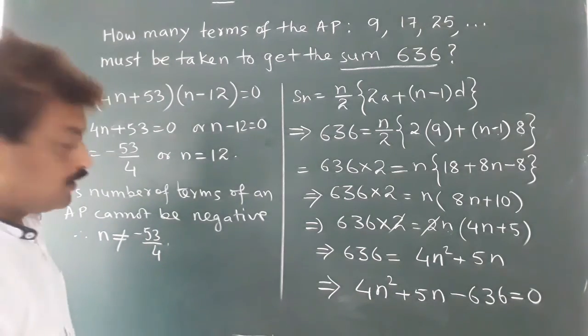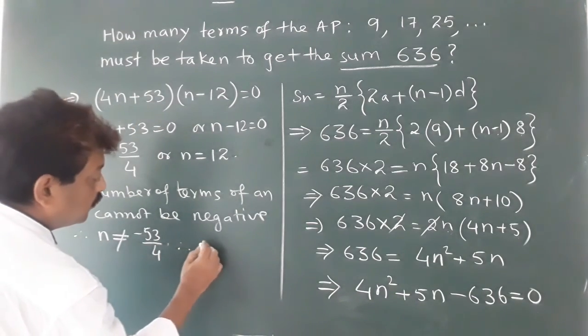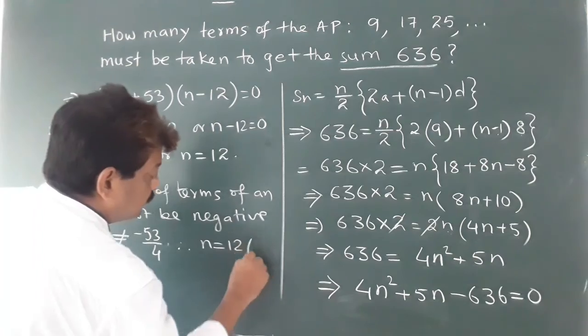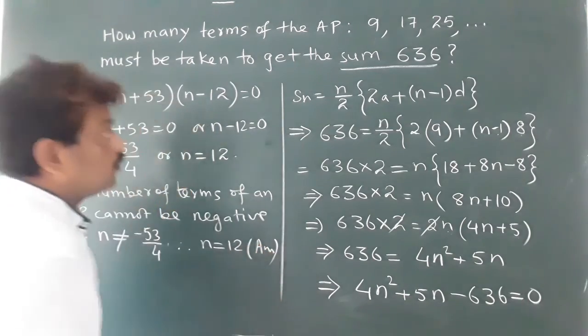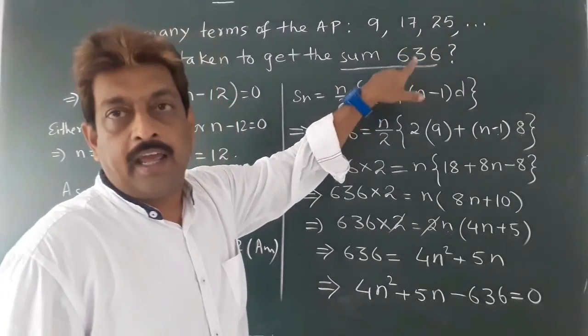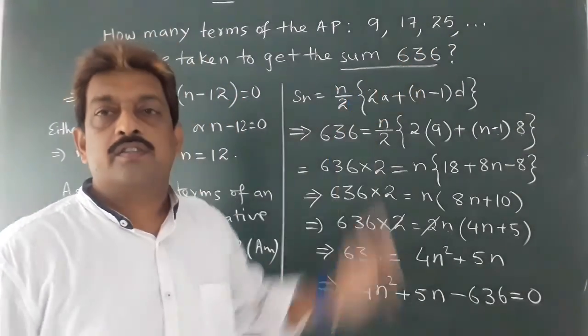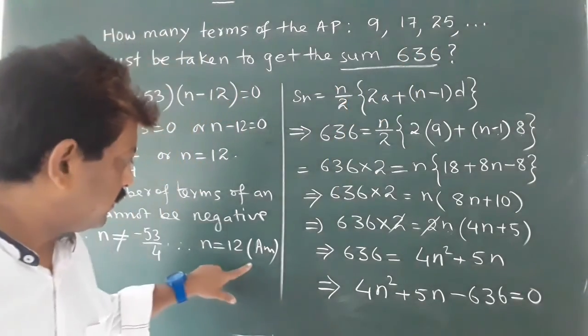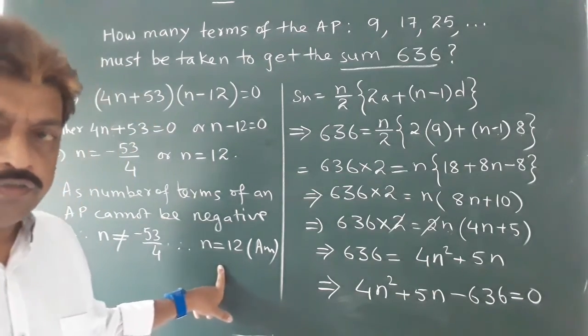It is not possible. Therefore, n equals 12 is the answer. That is, we have to take 12 terms of this AP and add them to get the sum 636. The answer is 12. Okay, understood?